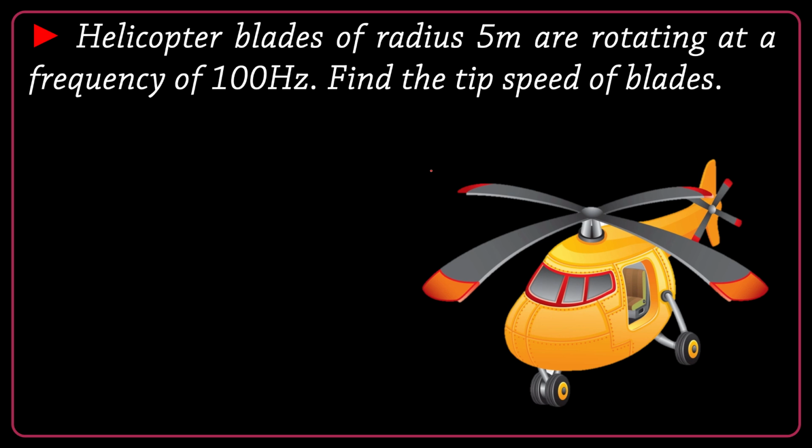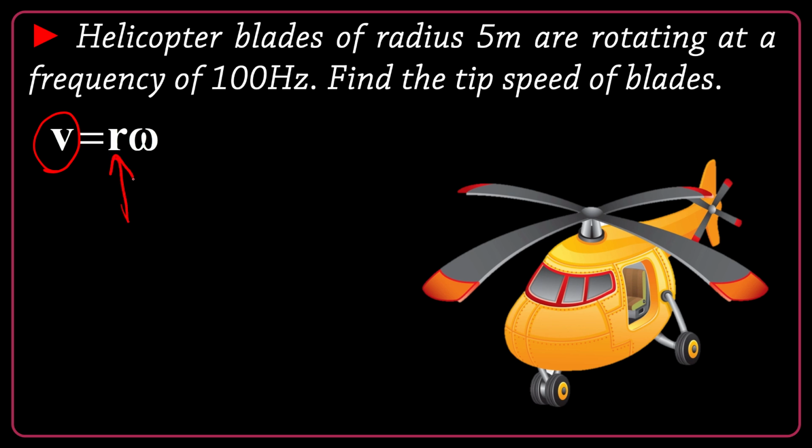Let's answer this question. Helicopter blades of radius 5 meter are rotating at a frequency of 100 hertz. Find the tip speed of blades. Tip speed is the speed of here, the point which is at the maximum distance to the center. How to find it? We need v, tip speed, and so I will use v equals r omega.